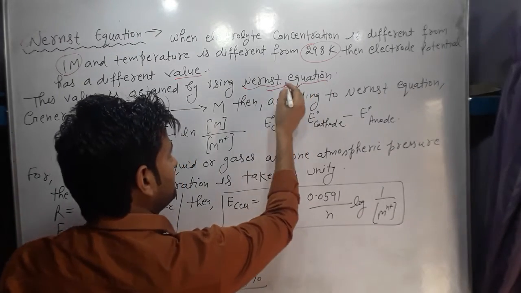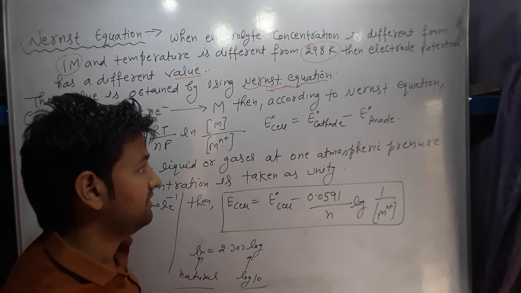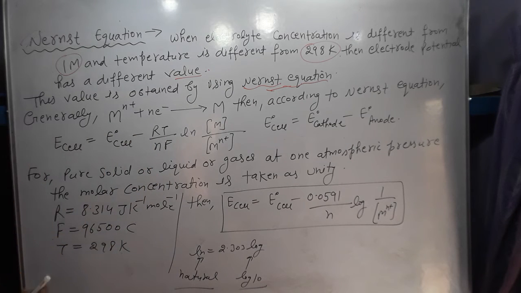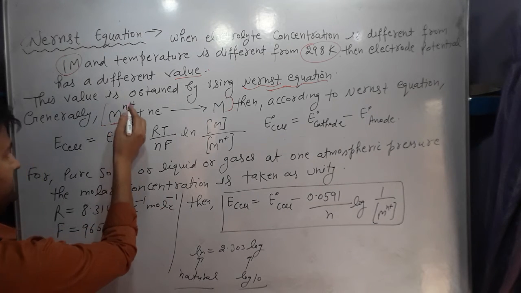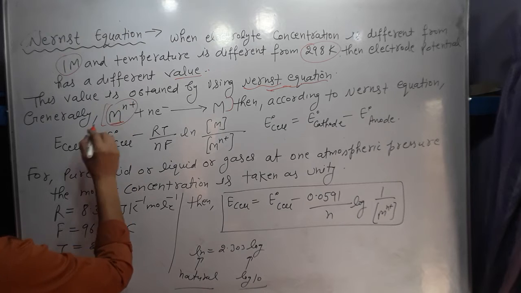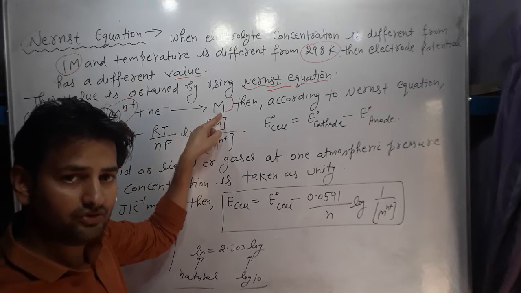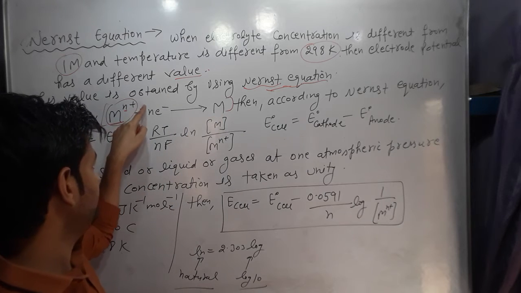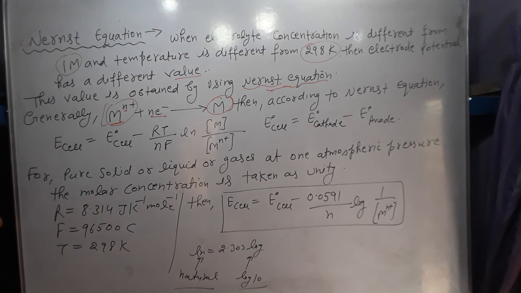Nernst gave an equation which is used when conditions are different from standard conditions. According to this equation, we consider a general case: M^n+, an ion having n+ charge. So n electrons are required to reduce it into the metal. So M^n+ plus n electrons undergo reduction to give the metal M. Then we apply the Nernst equation.